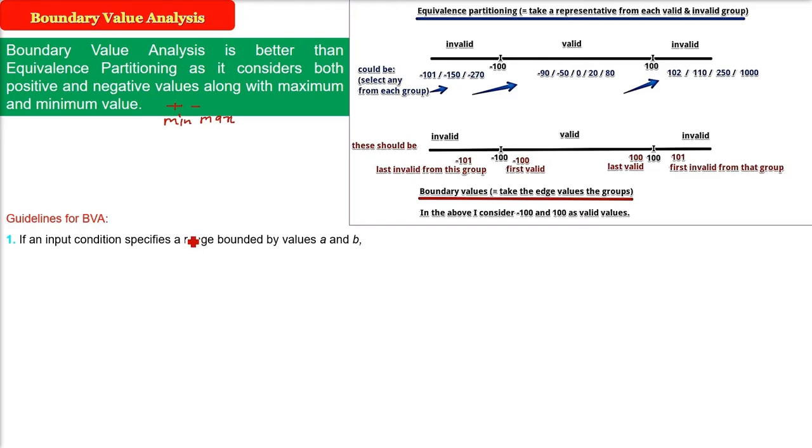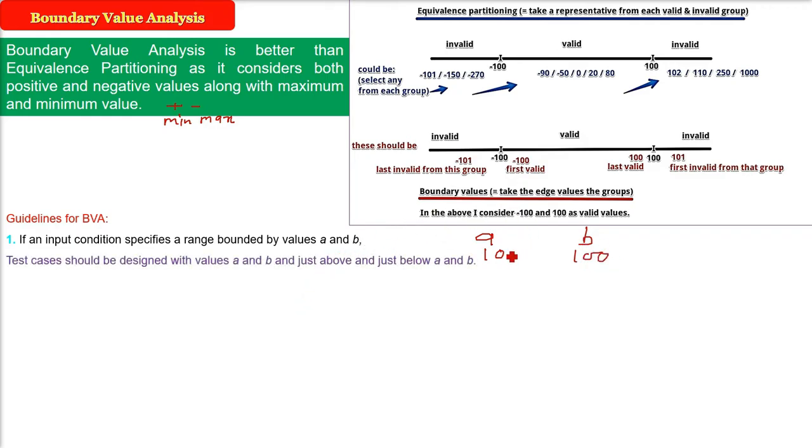If an input condition specifies a range bounded by values A and B, say A is 10, B is 100, test cases should be designed with values A and B and values just above and below both A and B. For example, for 10 you will take 9 and 11 also, for 100 you will take 99 and 101 also.